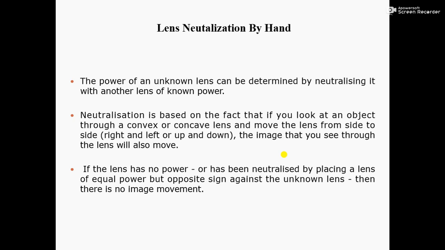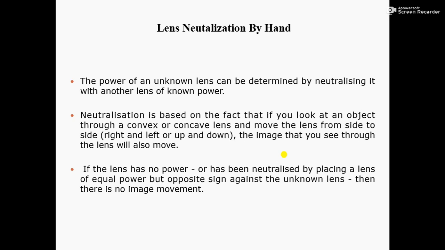Neutralization is based on the fact that if we look at an object through a convex or concave lens and move the lens from side to side, right and left or up and down, the image that we see through the lens will also move.